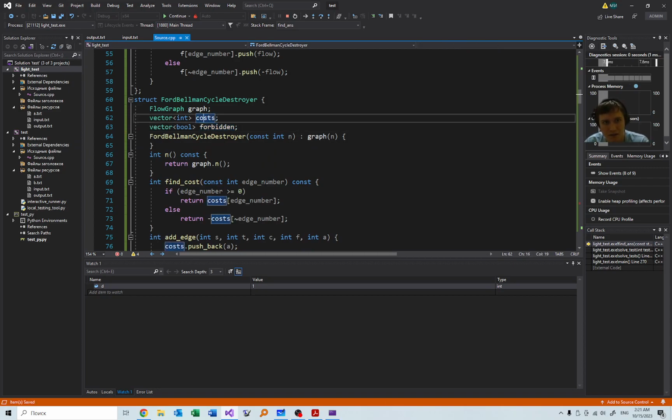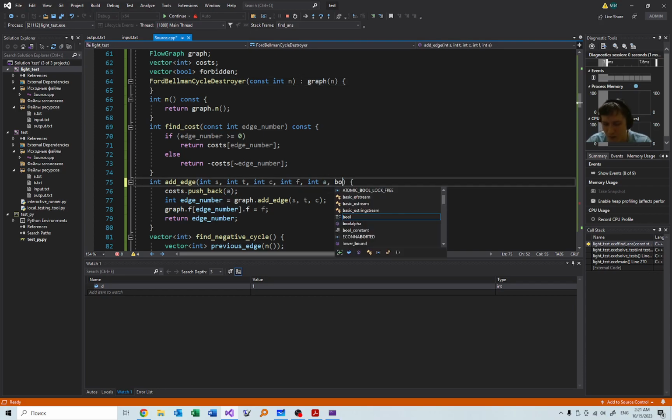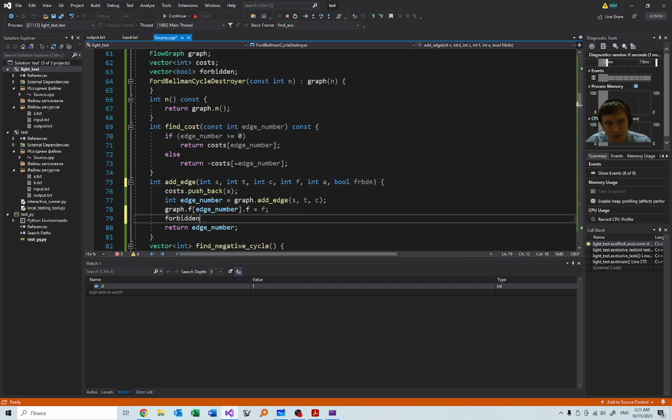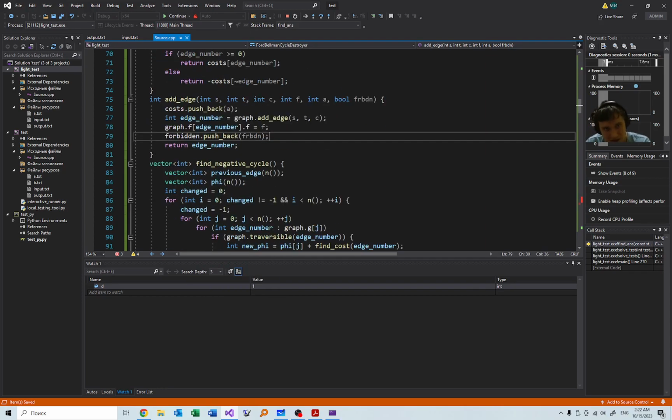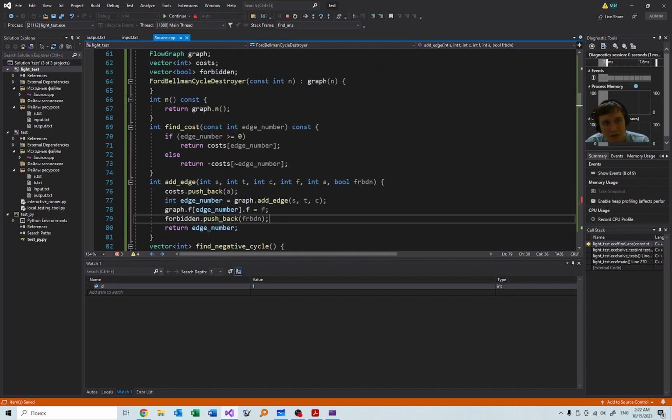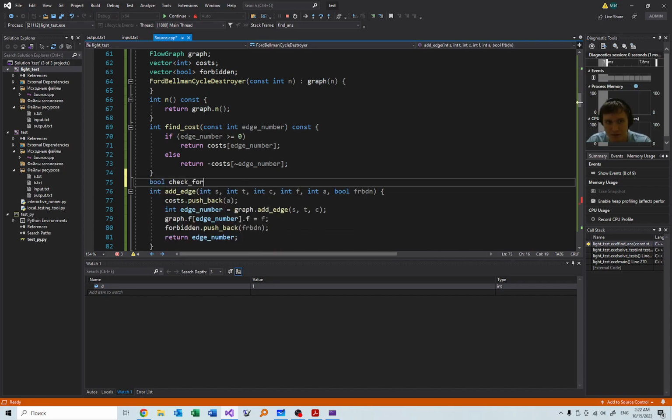Graph n costs, yeah, forbidden, okay. So bool forbidden. And we say that forbidden.push_back(forbidden). And here, check forbidden.